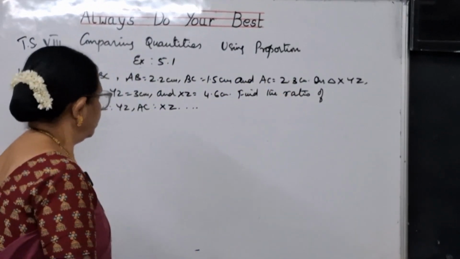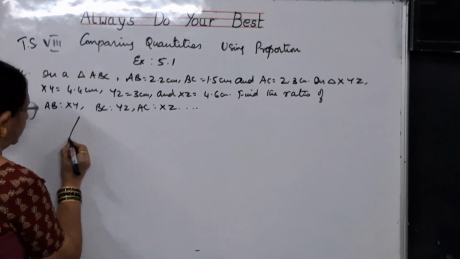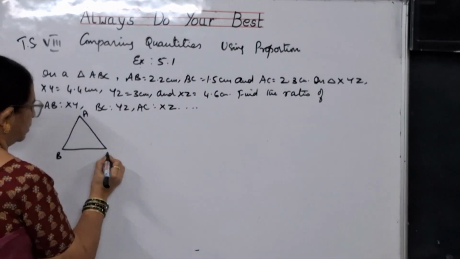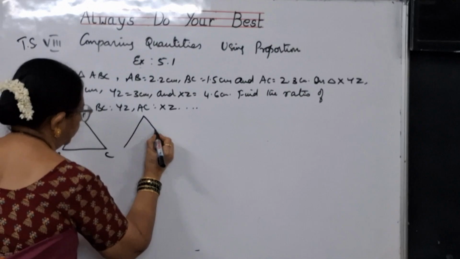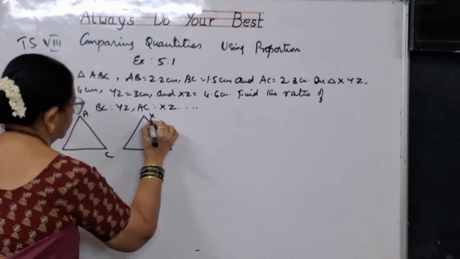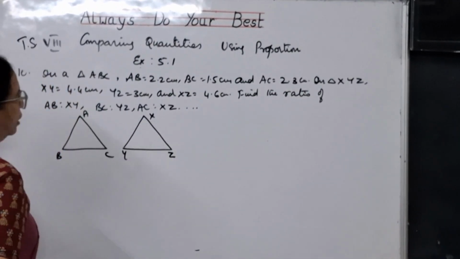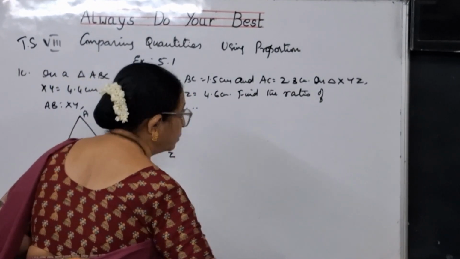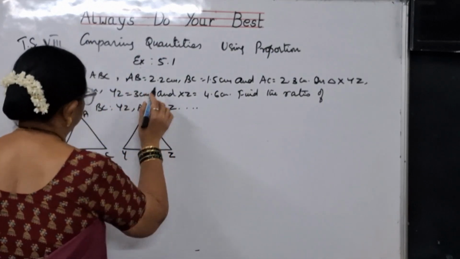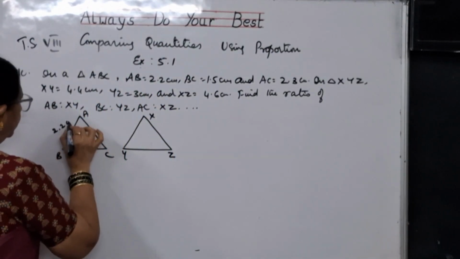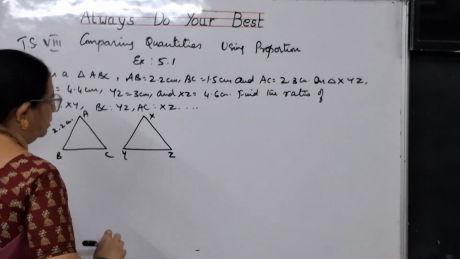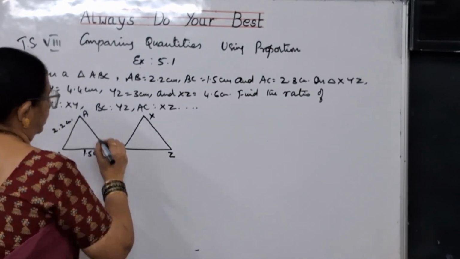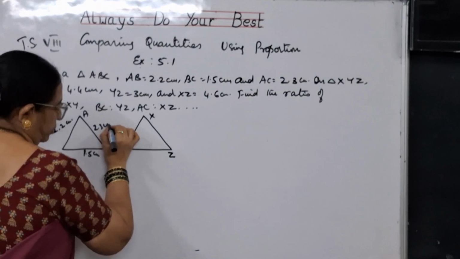First, let us draw the triangle ABC. Let us suppose this is ABC and another triangle XYZ. What are the values they have given? AB is 2.2 centimeters, BC is 1.5 centimeters and AC is 2.3 centimeters.